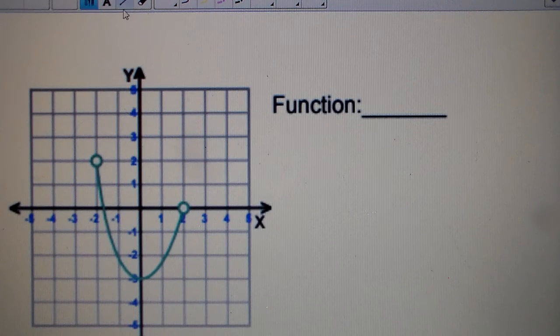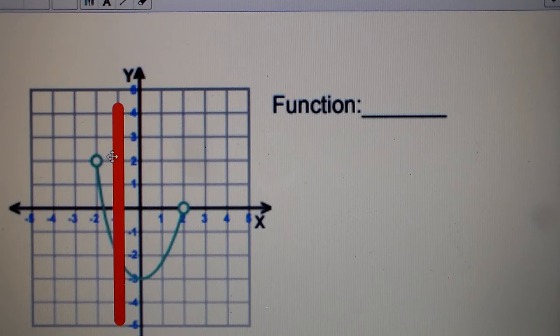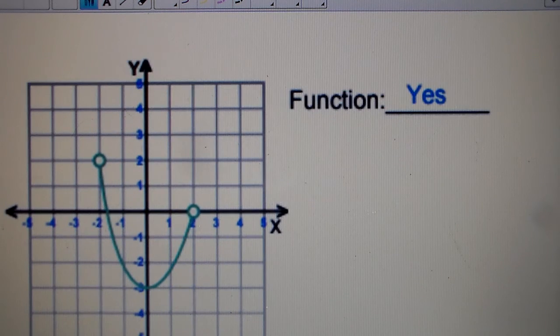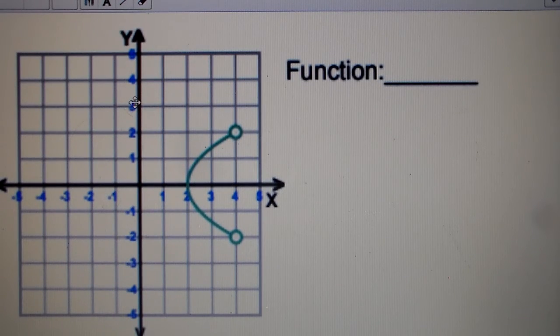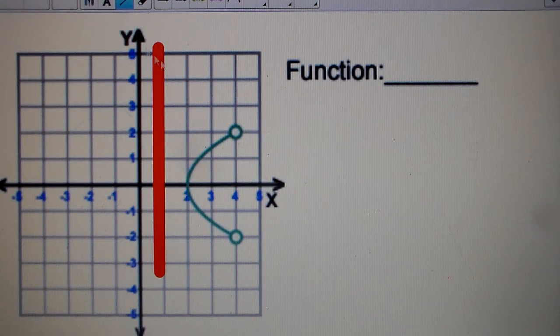We try this one. We draw in our vertical line right there. Same story. It only crosses once, no matter where I draw that vertical line test. So it means yes, it's a function. Now looking at this picture here, if I draw my vertical line here, we see that the function doesn't even hit the red line.